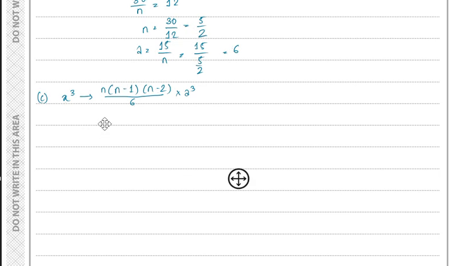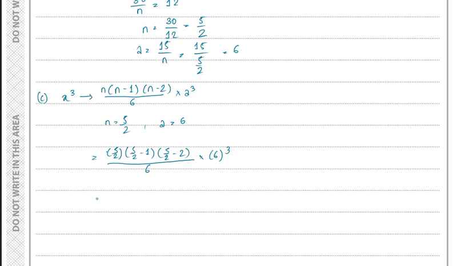N is 5 by 2 and a is 6. So if we put this, n is 5 by 2 multiplied by 5 by 2 minus 1 multiplied by 5 by 2 minus 2 divided by 6 multiplied by 6 cubed.